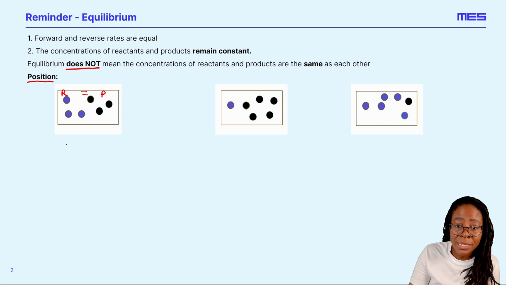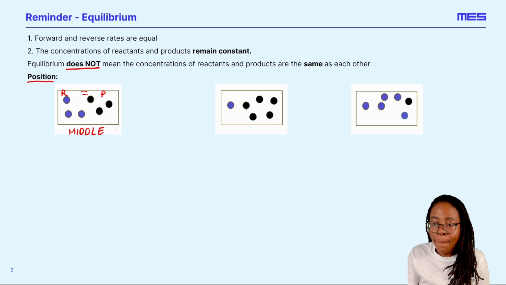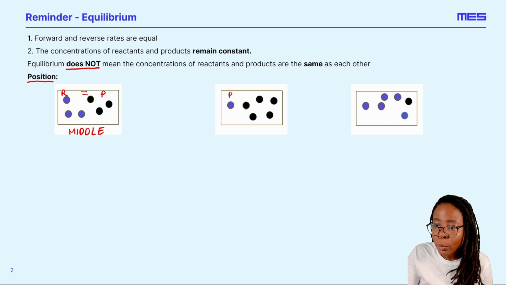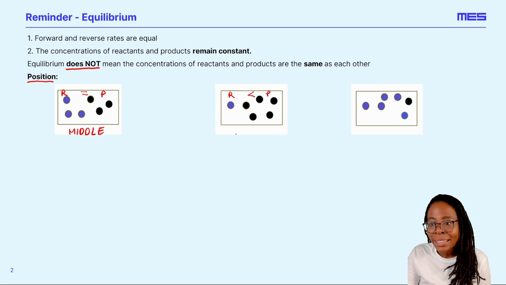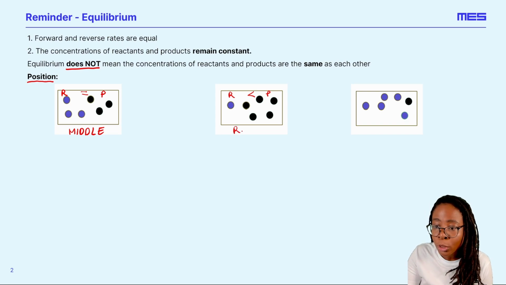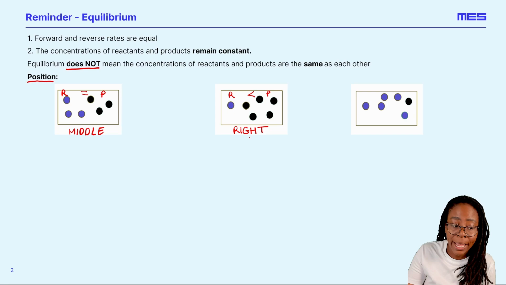So we can say that the position of the equilibrium is just in the middle or in the center. Whereas if we go over to option number 2, where we can see that we've got more product particles, or a greater concentration of products than reactants at equilibrium, then we say that the position of the equilibrium is towards the right or the right-hand side.